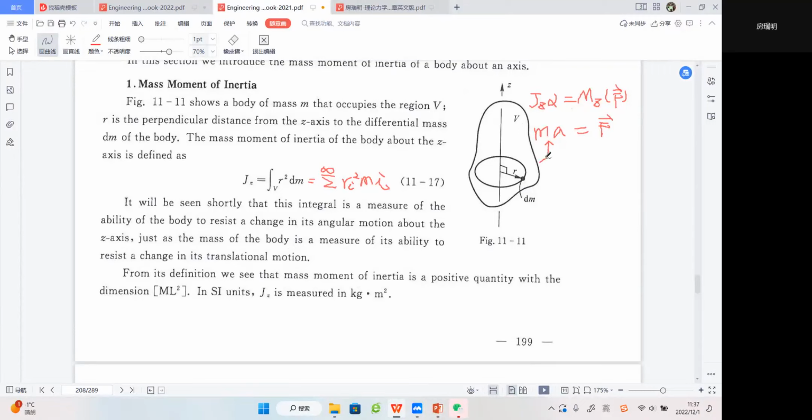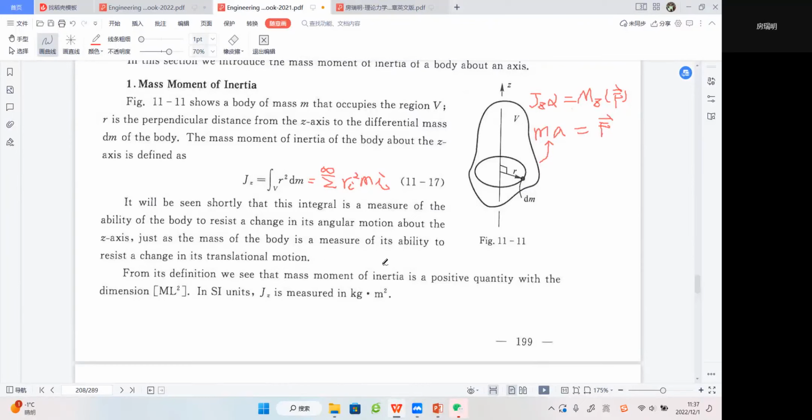So you can think about one thing. If there is a very, very huge metal ball, you try to push to change its translational motion. Because it's big enough, you can never change its position, because the bigger m is, the higher the ability of it to resist a change in translational motion will be. See?